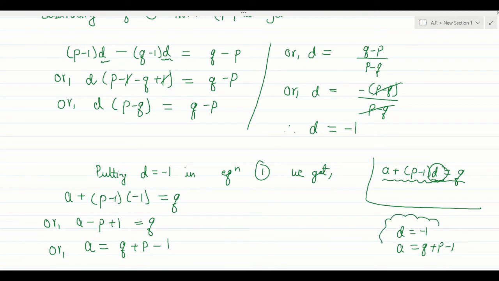Now using this, we are going to prove that the nth term is equal to P plus Q minus N. Isn't this? Okay.